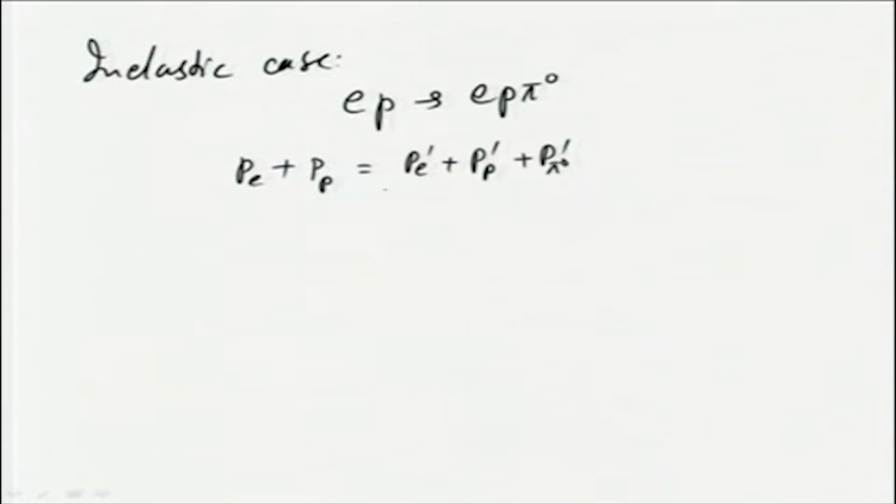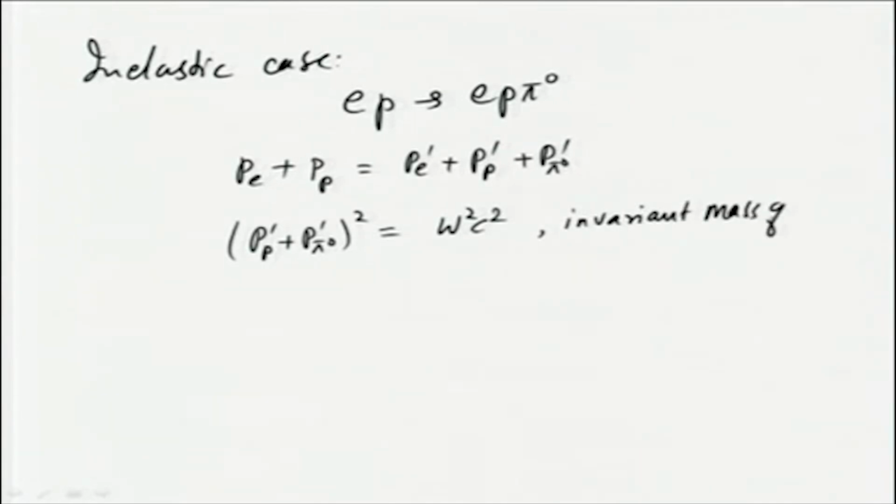So, here again when we consider (P_P prime plus P_pi0 prime) square, this is what we call the invariant mass of the system. This is equal to W square c square, invariant mass of the p pi 0 system.